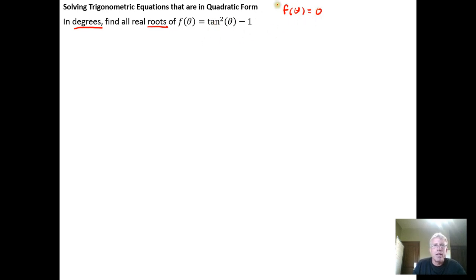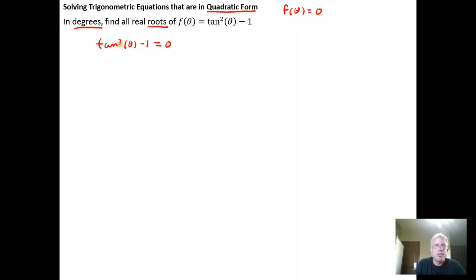I want to recognize then that I would need to set tan squared of theta minus 1 equal to 0. I also want to recognize that this is a quadratic form.